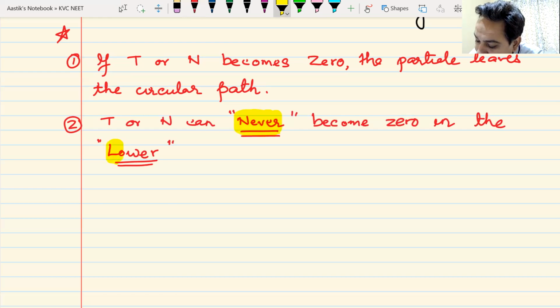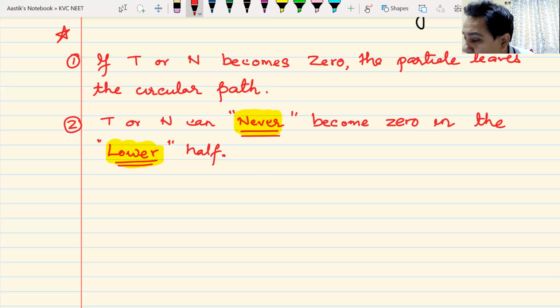Wrong color. Can never become zero in the lower half. Do we understand this? When I say lower half, I mean below the line BD.